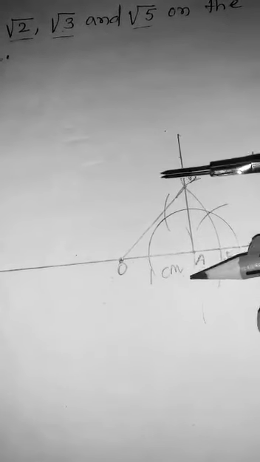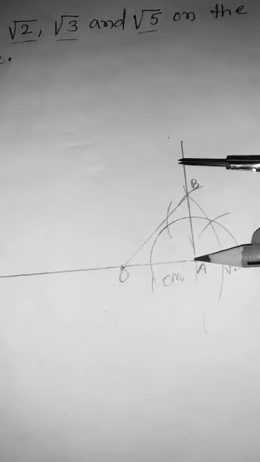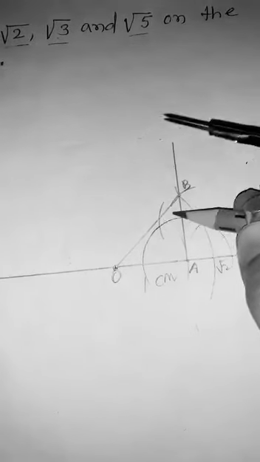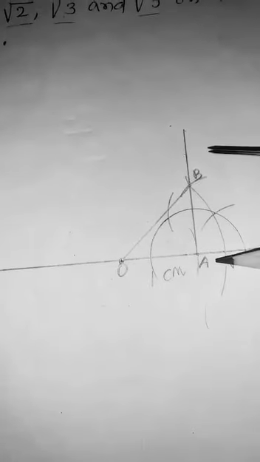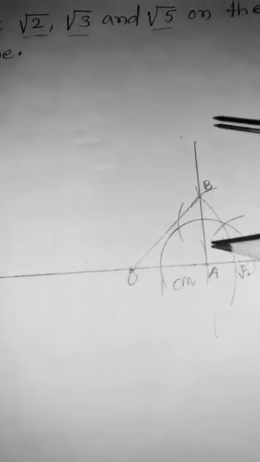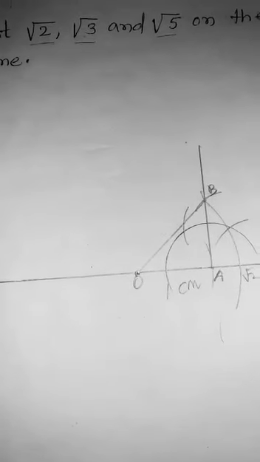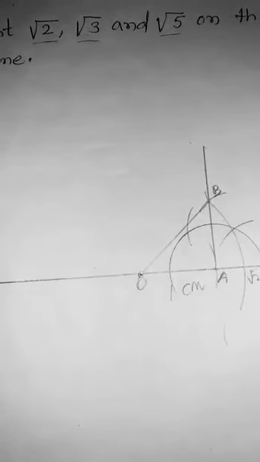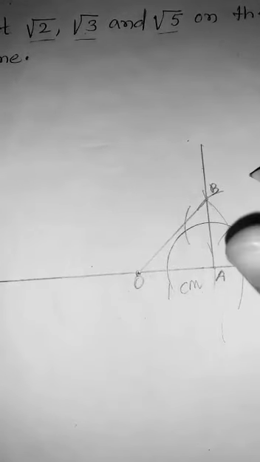After that, what you have to do, you take point A and draw a perpendicular from A. You know how to draw a perpendicular, that you know very clearly because you have learned in class 8. For this, just cut an arc. You put the compass on A and cut an arc from here.